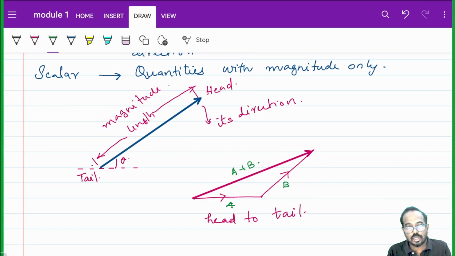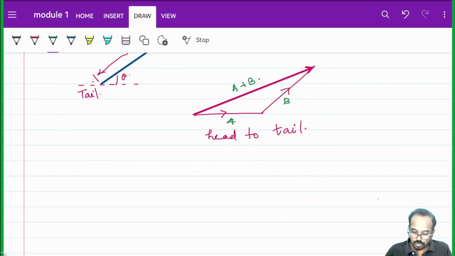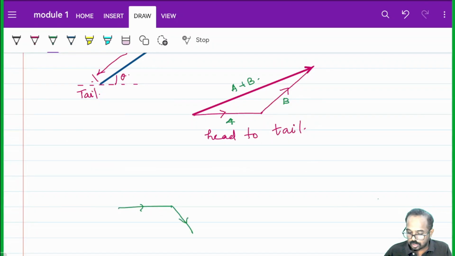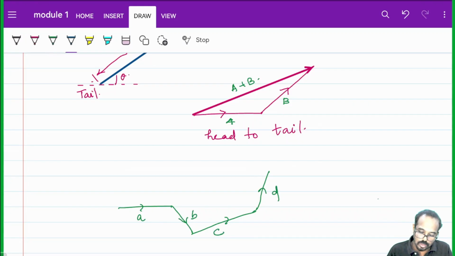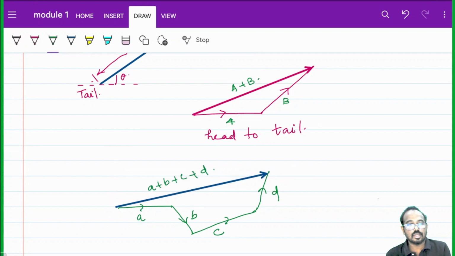And the third side, joining the tail of the first vector to the head of the last vector, gives the resultant. It need not be only two vectors. For example, one vector is here, one vector is here, and another. This is A, this is B, this is C, this is D. What is the resultant when you add all these vectors? You join the tail of the first vector to the head of the last vector, and this is A plus B plus C plus D. Understood? This is vector addition.